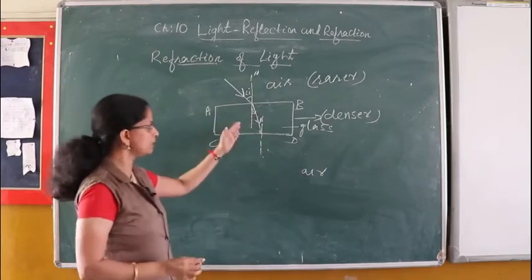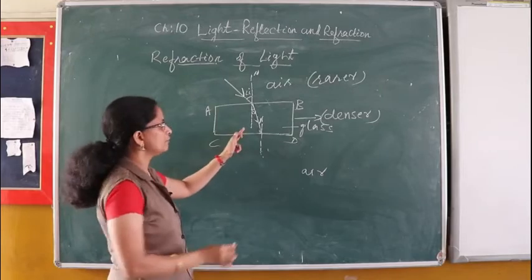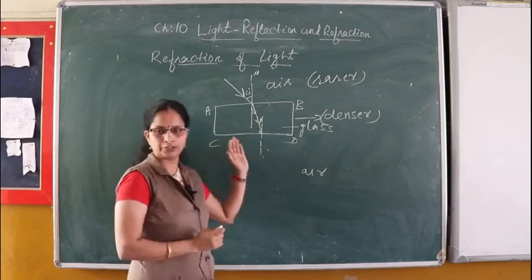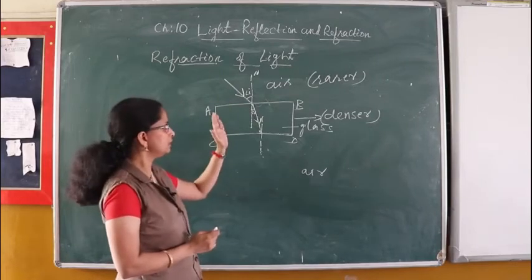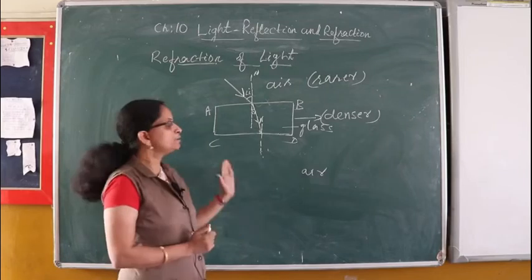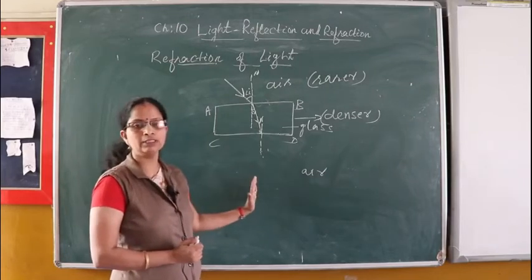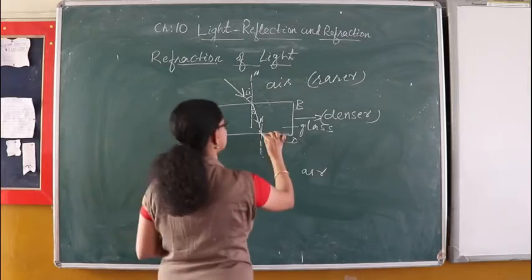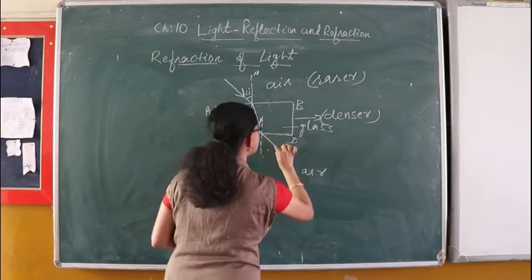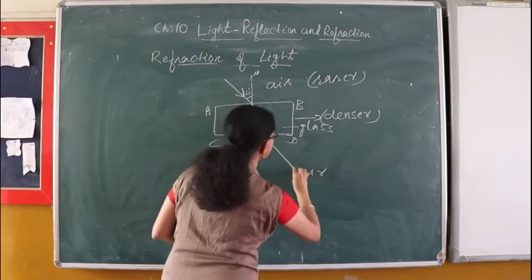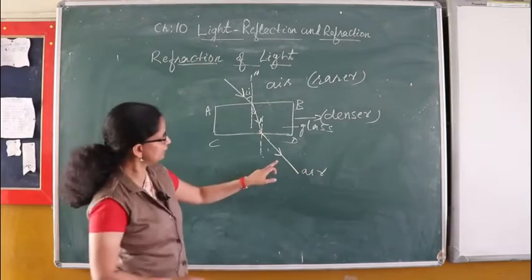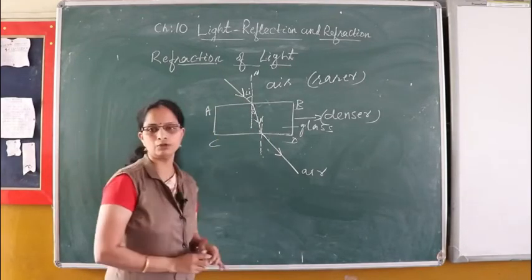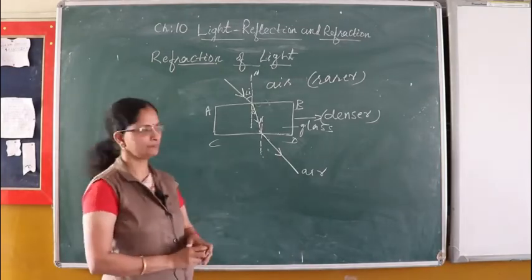When light strikes obliquely from denser to rarer, its speed increases, and since its speed increases, it bends away from the normal. So here we can see the ray bends away from the normal and travels like this. This is the emergent ray: incident ray, refracted ray, and the ray that comes out, the emergent ray.